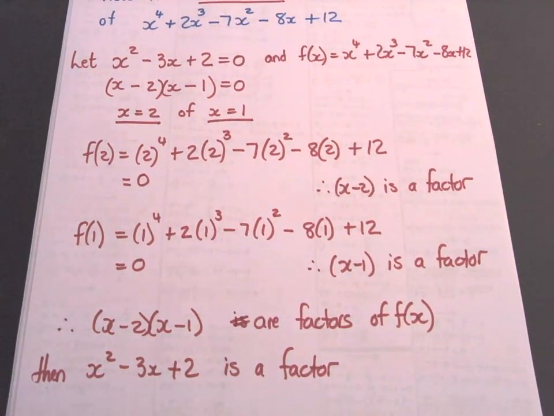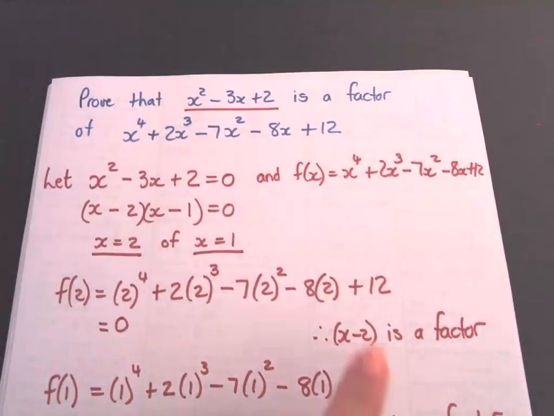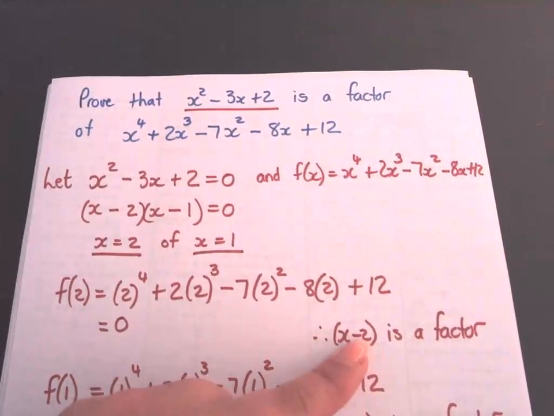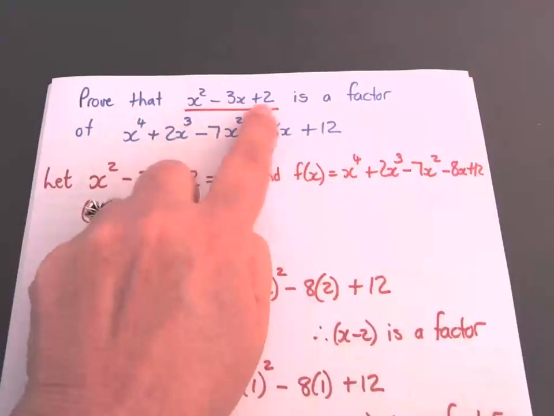Now, is it possible that only one of the brackets could be a factor? It can be. If only one of them is a factor and the other is not, it means that the trinomial is not a factor. Good question.